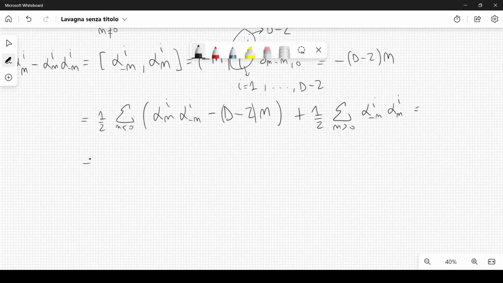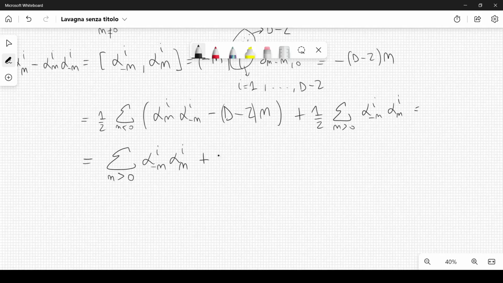Now this summation here will be exactly equal to this one. They are exactly equal because in this case here we have minus n and n, but n is less than 0. So we can sum this with this and we can get rid of the factor of 1/2. It will become 1 times the same summation over n greater than 0, α^I_{-n} α^I_n.